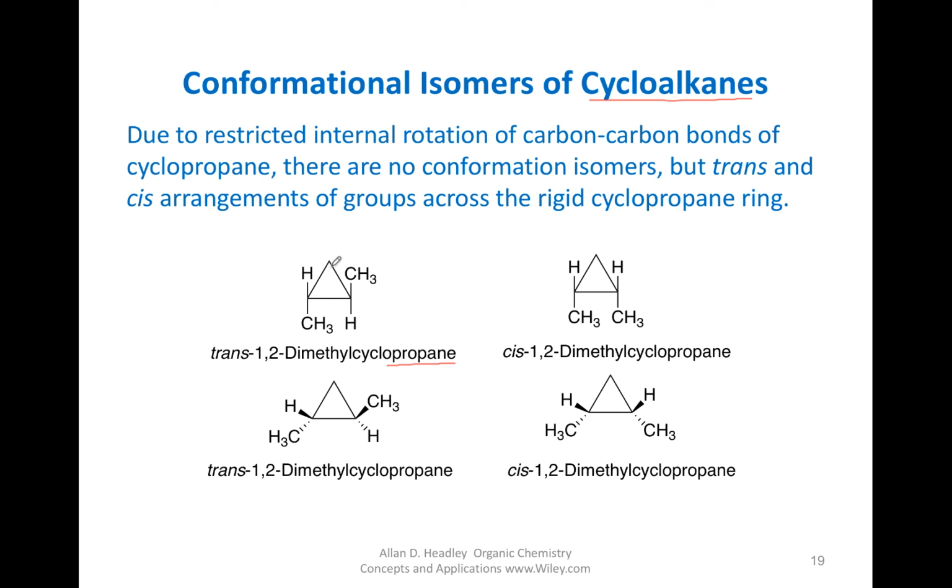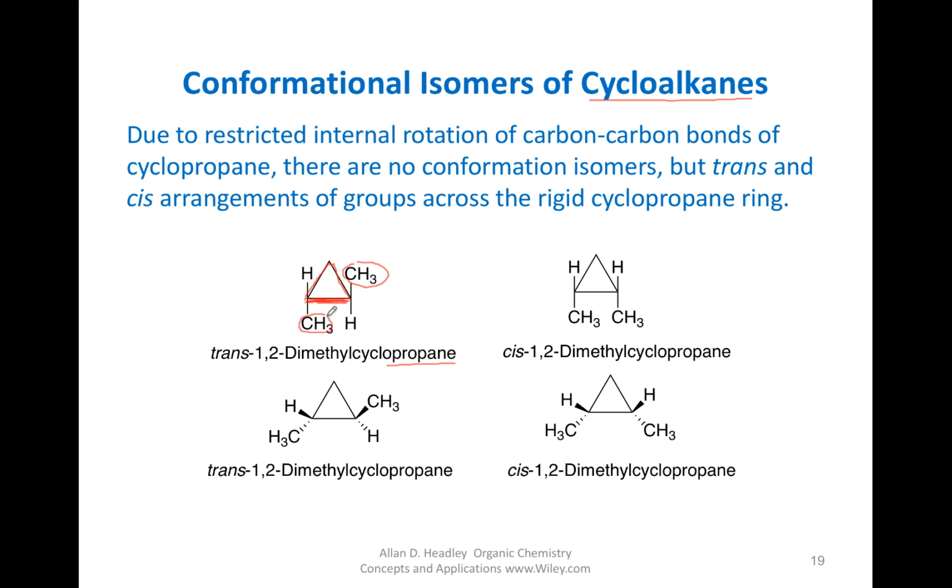But you can see that these bonds here cannot rotate. This carbon-carbon bond here cannot rotate. Likewise this, but mostly the carbon-carbon bond that has the groups on it, they cannot rotate.